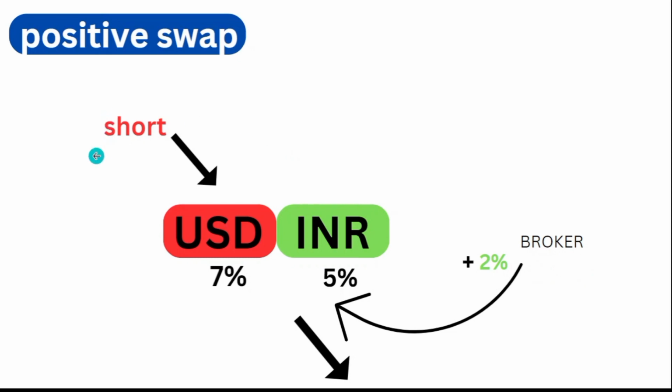There are some strategies for this too. Traders find the pair with the highest interest rate difference and trade in the direction where they get positive swap. They hold that position for very long and earn a good return, 20 to 30% per year.